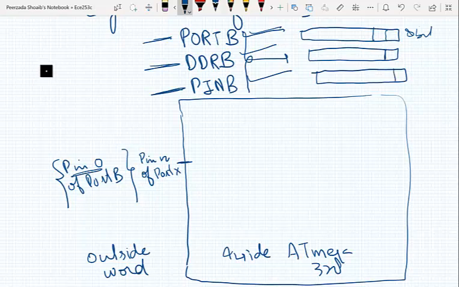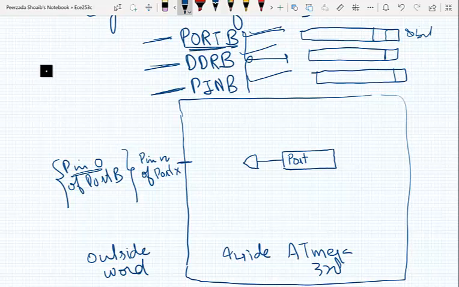How are these connected with these bits and in general with the ports? We have a buffer here. Using this buffer, I have told you that anything we need to put in the outside world, we need to output, we put that in port B, in the port register.